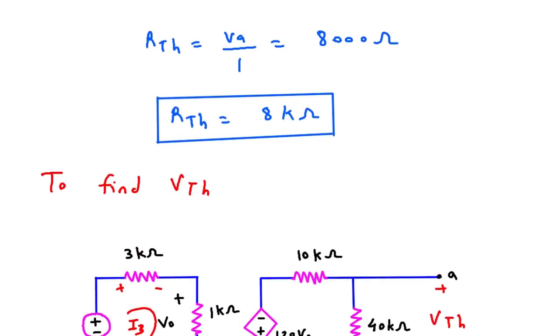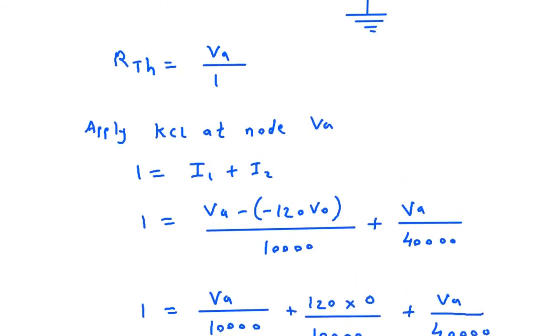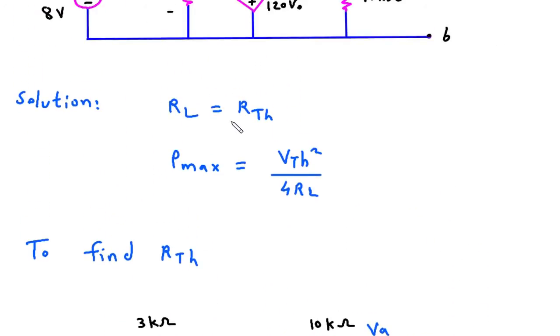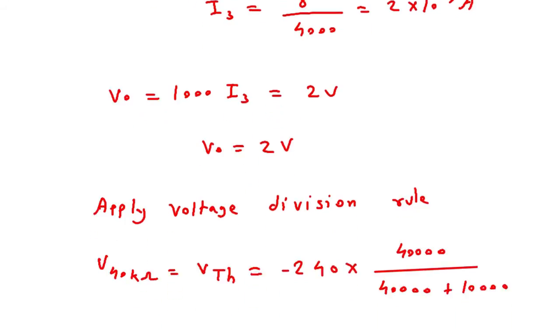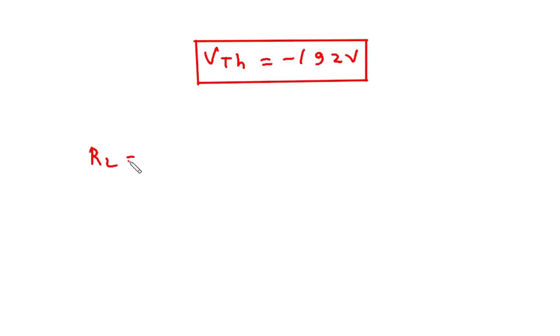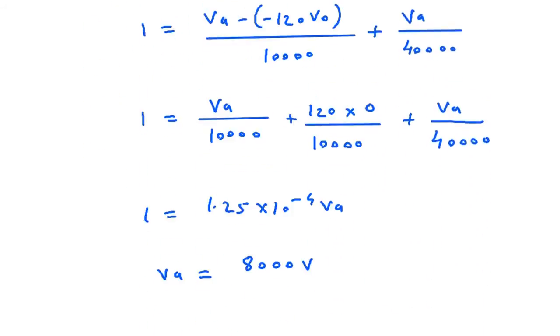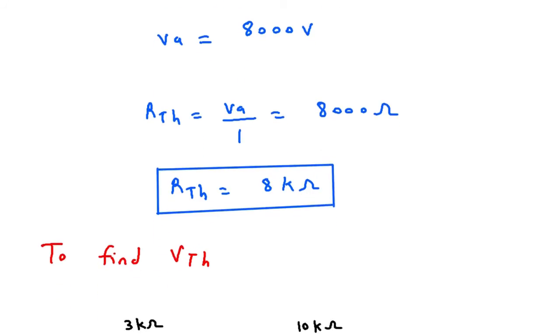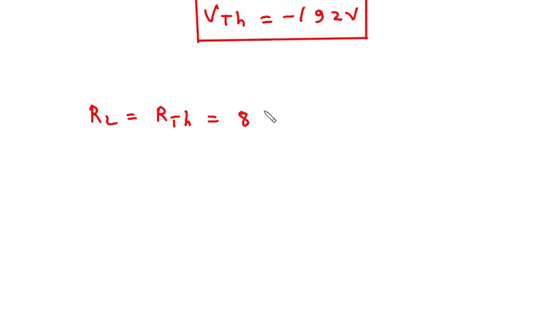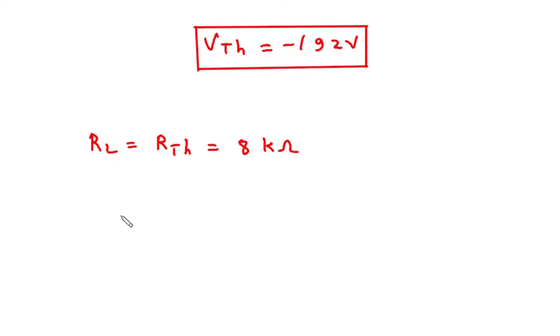Now we have the value of VTH and RTH. RL is equal to RTH is equal to 8 kilo ohm, and VTH is equal to minus 192 volt. We have to find P max now. So P max is equal to VTH square by 4RTH.